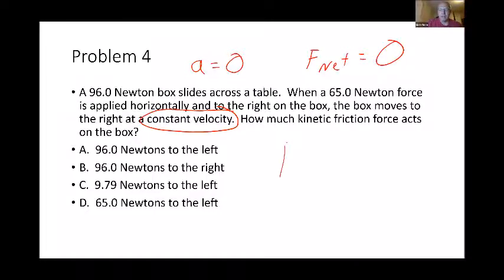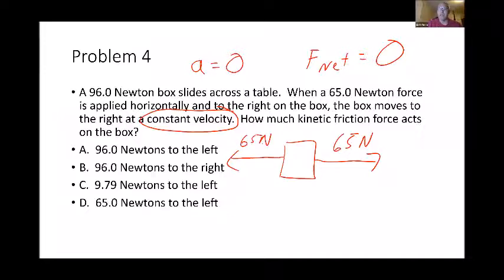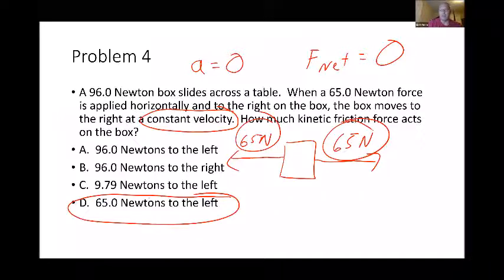So if we have this box and we're pulling it one way with a force of 65 newtons, I hope that tells you that there has to be another force acting in the opposite direction, 65 newtons, because the net force has to add up to 0. 65 positive plus 65 negative. So the answer here should be 65 newtons to the left.